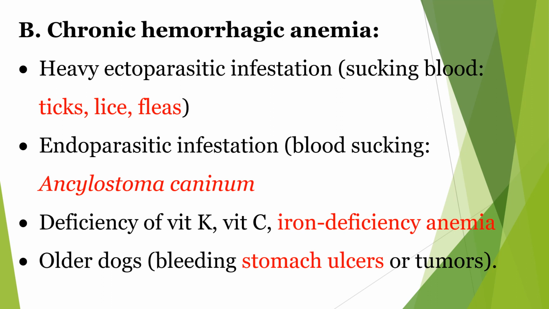Endoparasitic infestation, again common is Ancylostoma caninum. When large in number, they may produce acute hemorrhage. When small in number, they produce chronic hemorrhagic anemia.